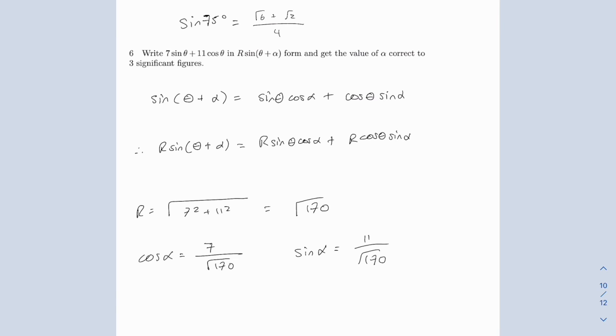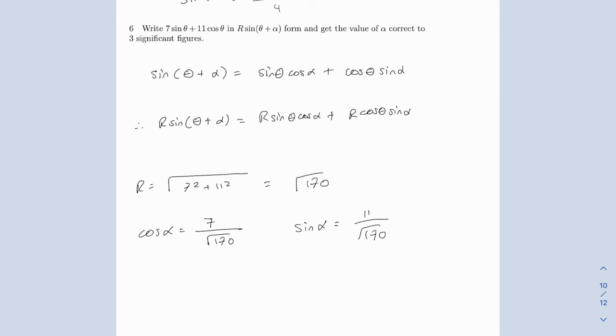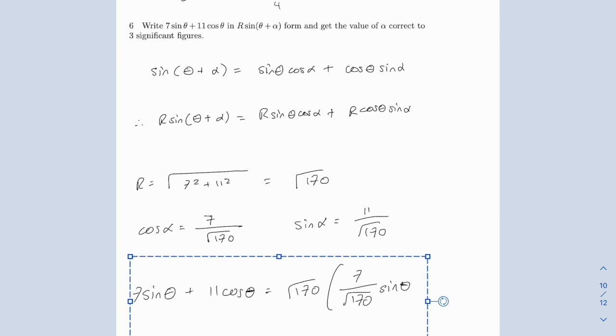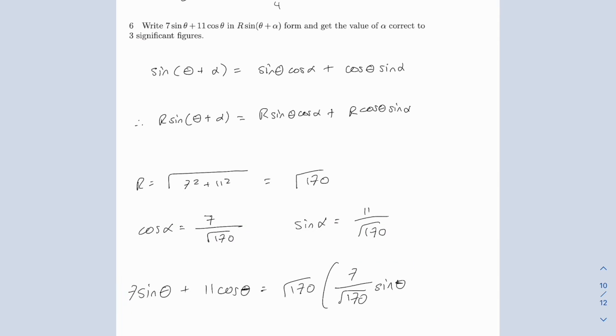So now I'm going to say 7 sine theta plus 11 cos theta is going to equal square root of 170 times 7 over square root 170 sine theta, plus 11 over square root 170 cos theta.